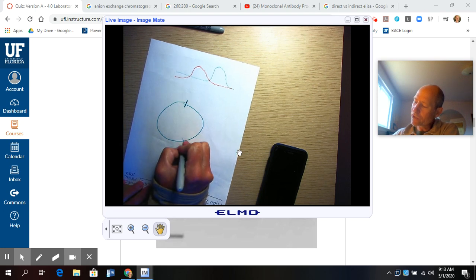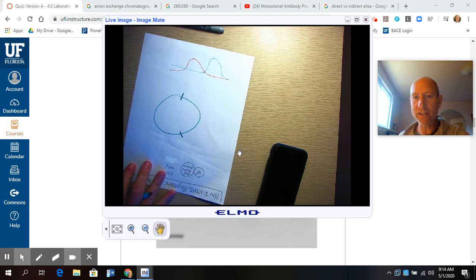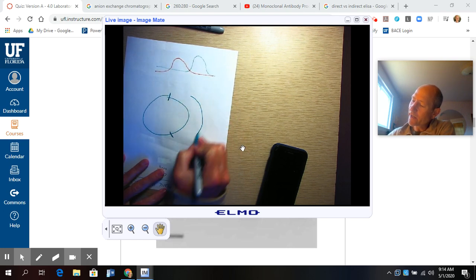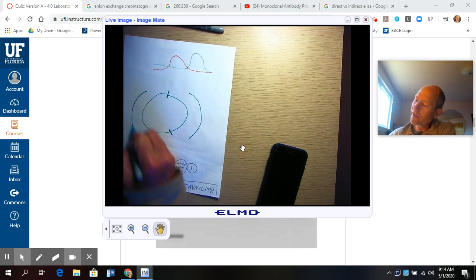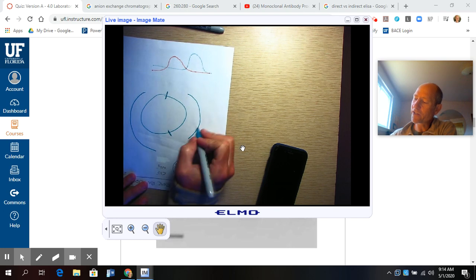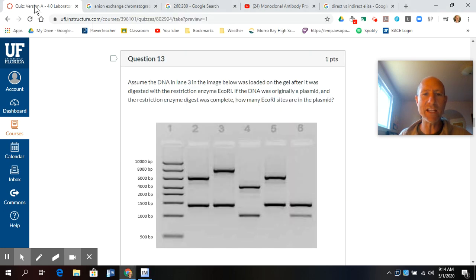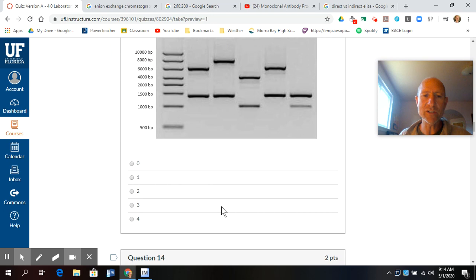But if there are 2 recognition sites, then 2 cuts are going to get made, and you're going to end up with this chunk here and this chunk over here. So you're going to end up with 2 chunks, which is going to end up with 2 bands on the gel. So we see 2 bands, which means that there must be 2 recognition sites for EcoR1 on that plasmid.